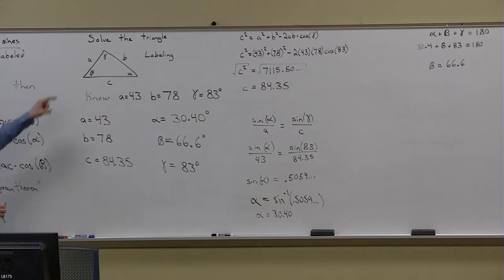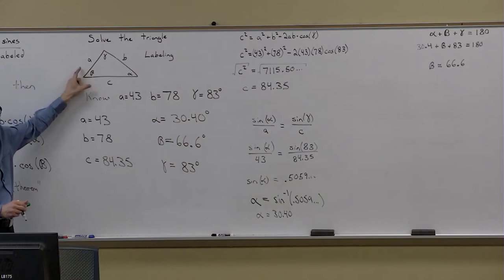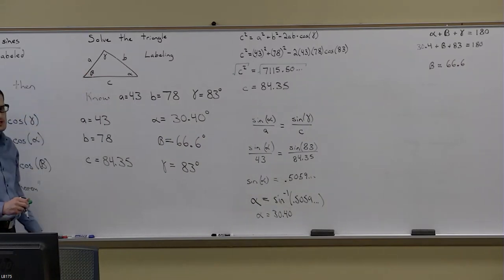Any questions about having a side length or two side lengths and then the angle in between? This is called side angle side in the book. Pretty straightforward that you have one component of each ratio of your law of sines. What to do.